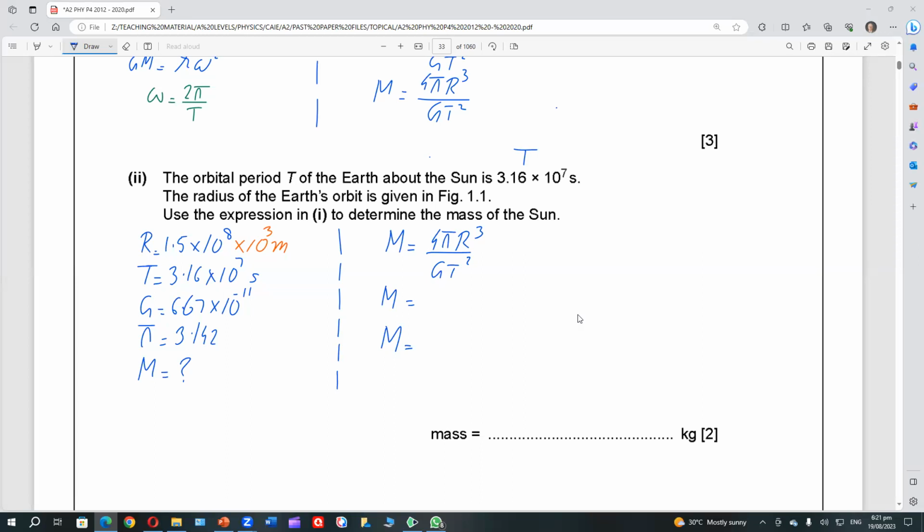Did you get the value of the mass of the Sun? Two into 10 power 30.